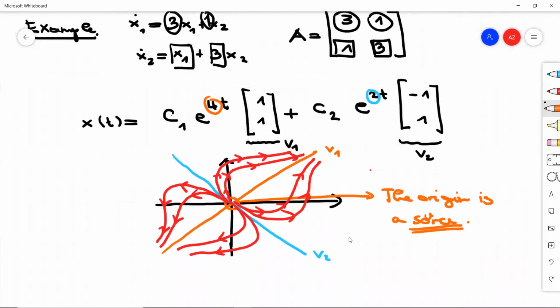So the point 0, 0 is called a source. When t is approaching minus infinity, we are approaching the source.